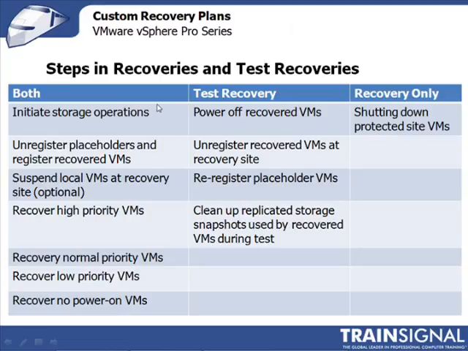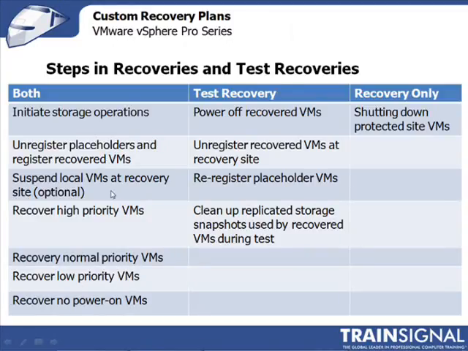And we'll start with both because these are the steps that are done no matter which recovery plan we choose. The first step is initiate storage operations, so this would be taking and preparing the replicated storage and presenting it to the ESX servers. The second step is unregistering placeholder VMs and registering the recovered virtual machines.